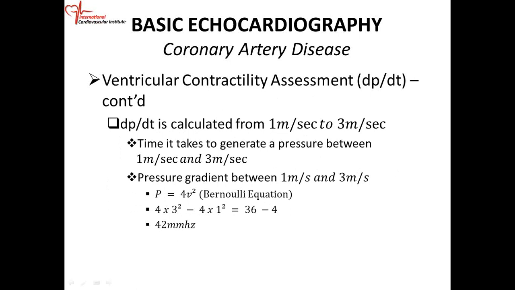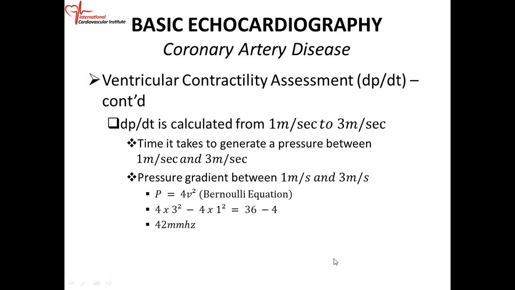So what you're going to do is, we want to look at the IVCT period, which is the first 3 milliseconds. So again, you need to increase your sweep speed to 100 millimeters per second.